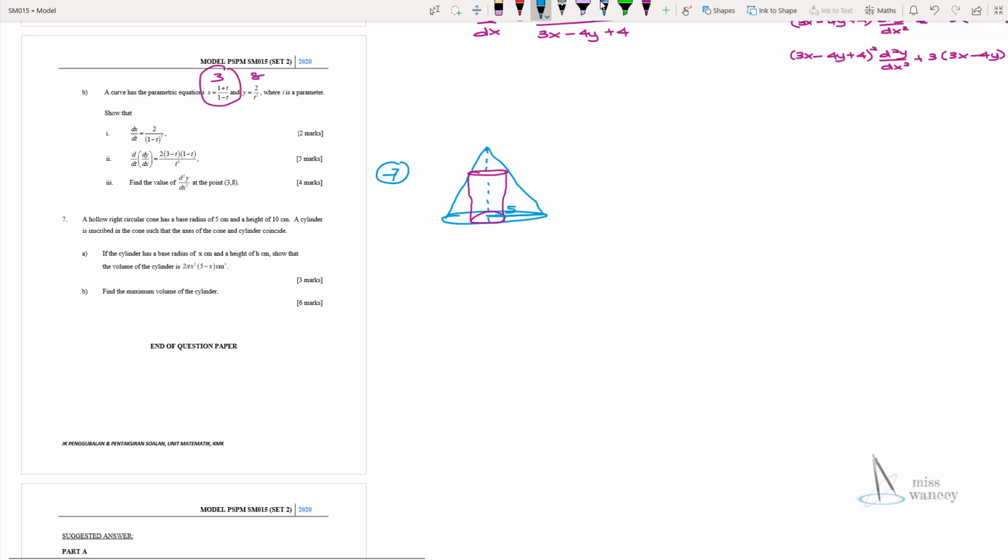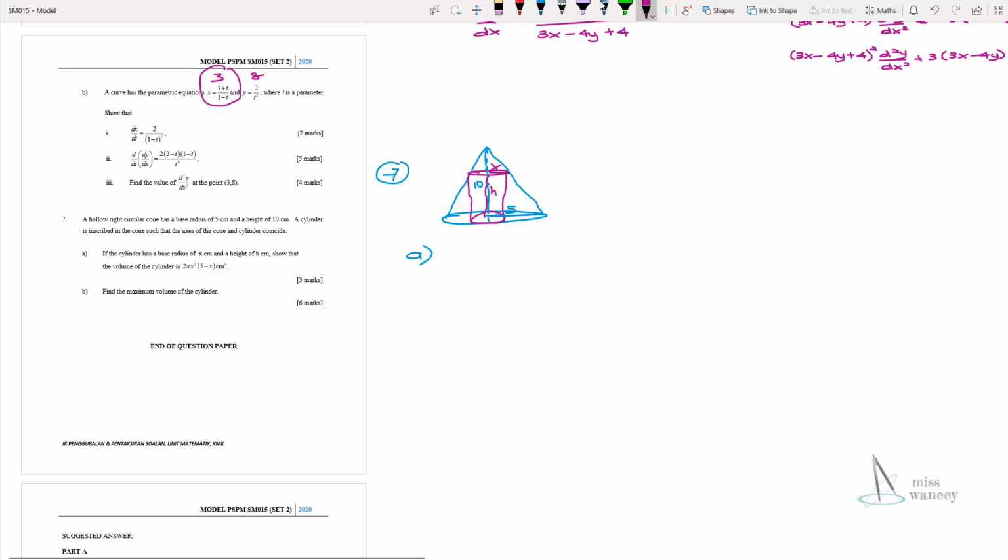Okay, so let's see. Okay, 10. Right. Okay, so now 7A. If the cylinder has a base of radius x, okay, so this cylinder radius is x and the height is h. Show that the volume of the cylinder is equal to that.